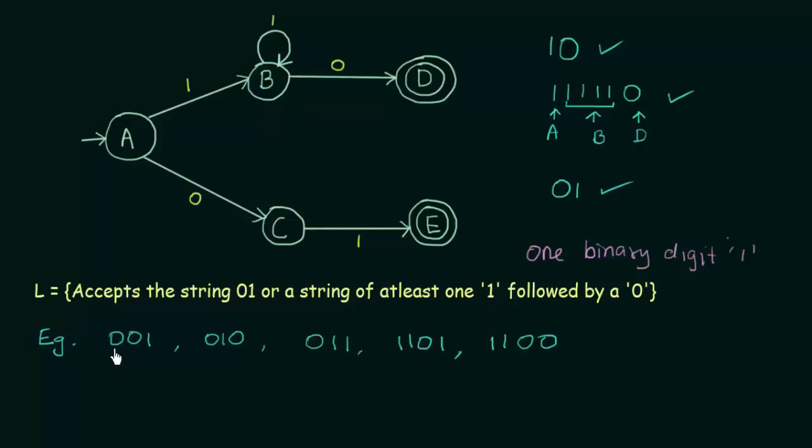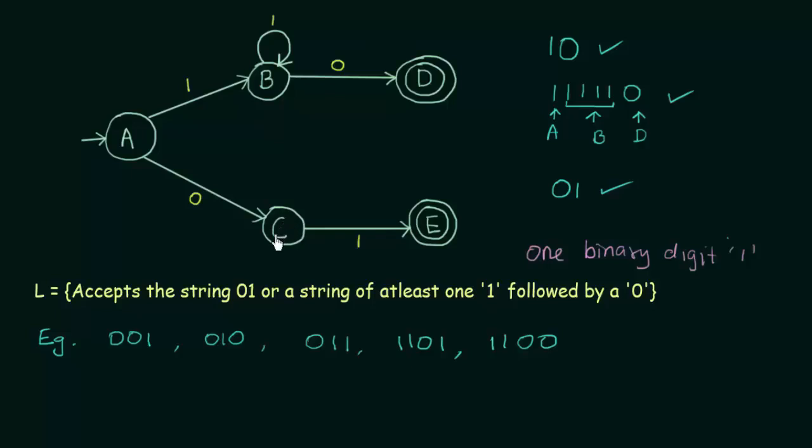Let me start with 0, 0, 1, 0. I start from my starting state, and on getting the first 0, I come to state C. My next input is 0 again. I'm in state C and I get 0. Oops, now where would I go? If I get a 1, I should go here, but if I get a 0, I have no place to go.